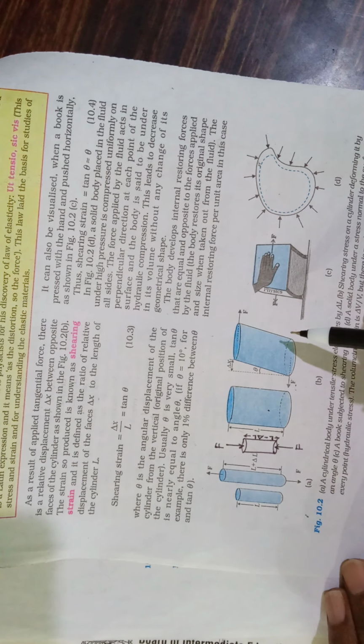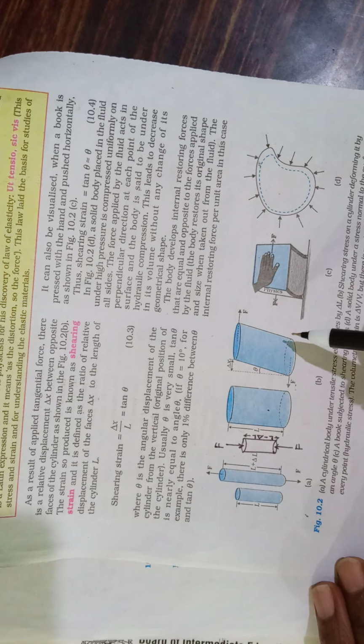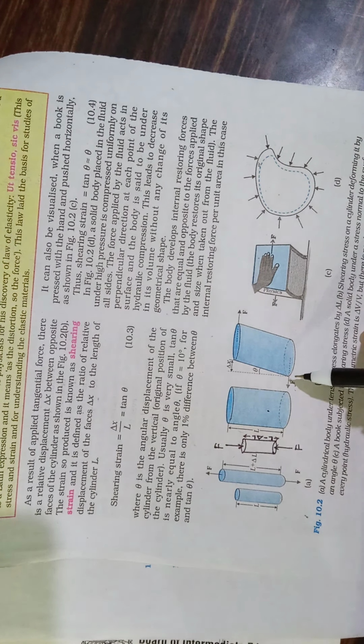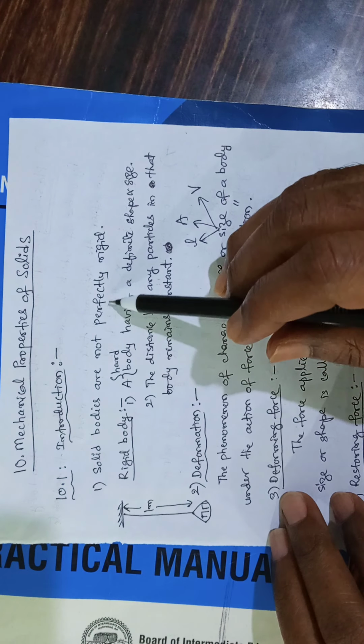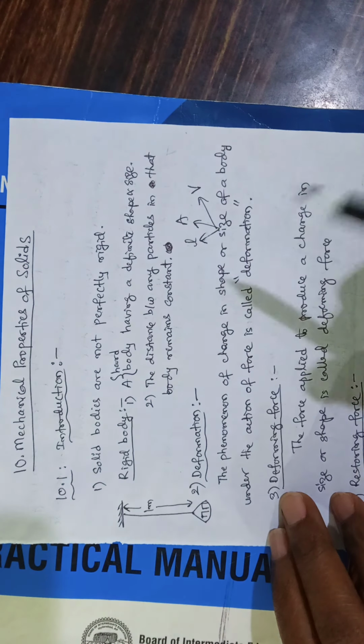So when its size or shape is changed, you can't say it is a rigid body. So ultimately, finally you say you can't find a rigid body in practice. Solid bodies are not perfectly rigid.